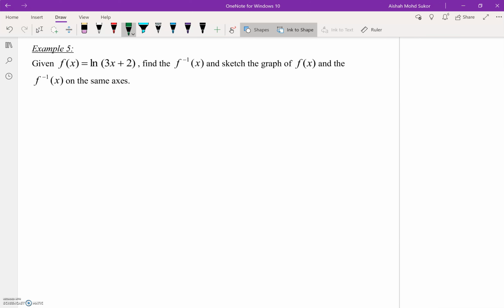Example 5. Given f(x) equal to ln(3x plus 2), we need to find the f inverse and sketch the graph of f(x) and f inverse(x) on the same axis. To find f inverse, we use f(f inverse(x)) is equal to x. We substitute f inverse into the f function.